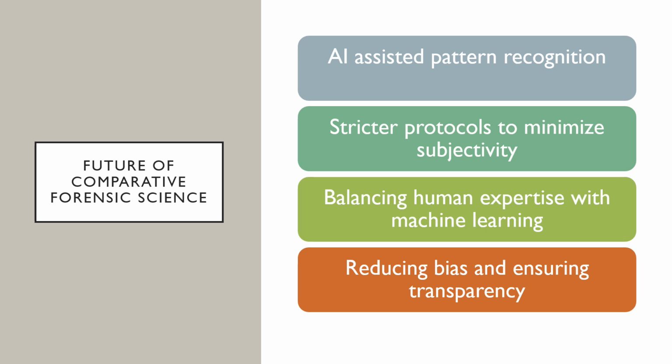And stronger standardization efforts, stricter protocols to help reduce bias and increase reliability. However, challenges remain such as balancing human expertise with machine learning and ensuring transparency in forensic methodologies. Ultimately, forensic comparative science is continuously improving, making criminal investigations more accurate and reliable.